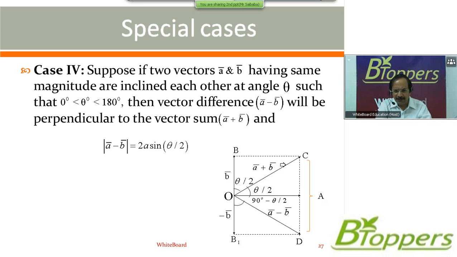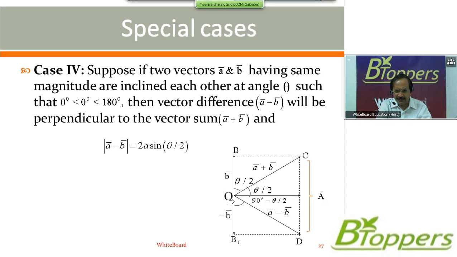So OC bar represents the vector A bar plus B bar, which bisects the angle theta between A bar and B bar. So this theta by 2 is the angle between B bar and the resultant of A bar and B bar. This theta by 2 is the angle between A bar and A bar plus B bar.